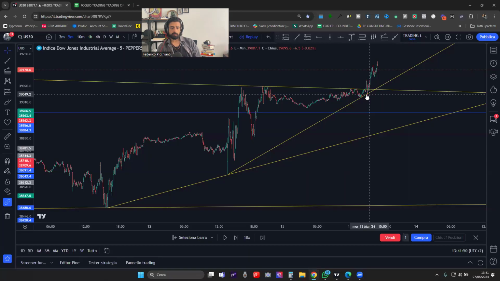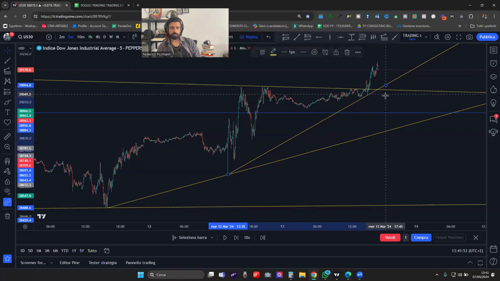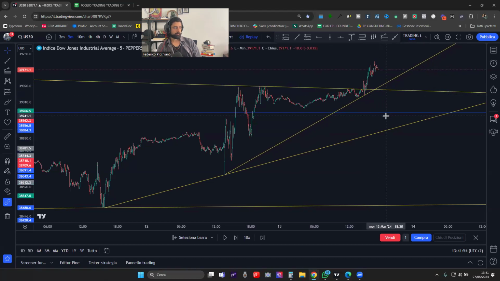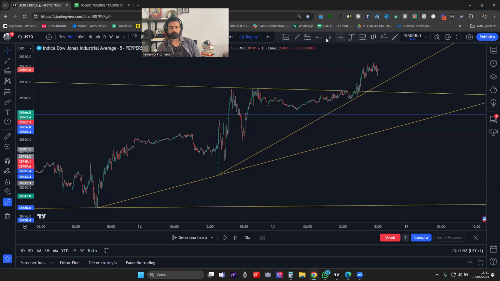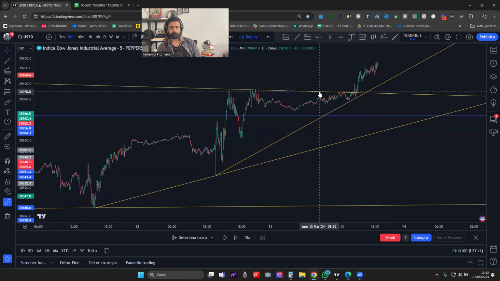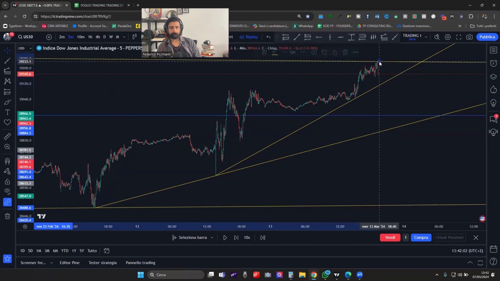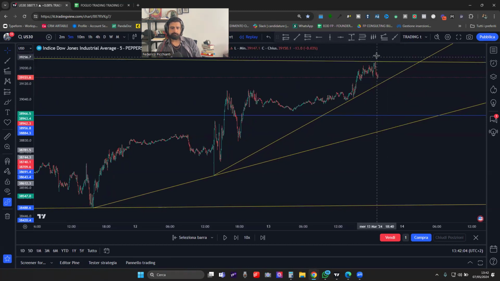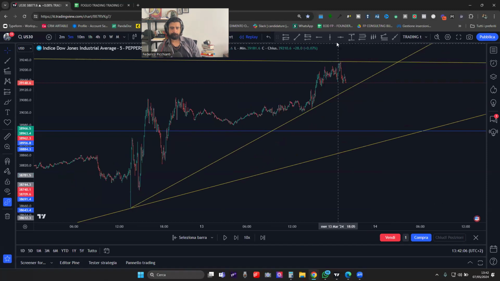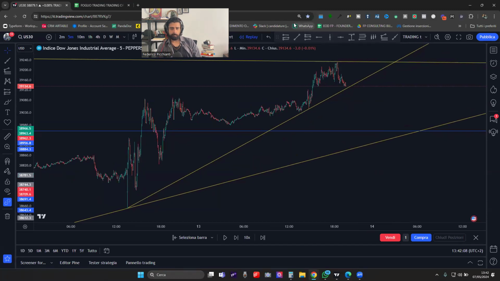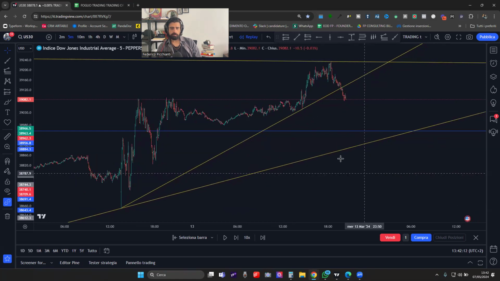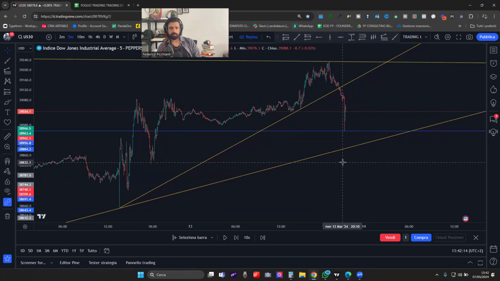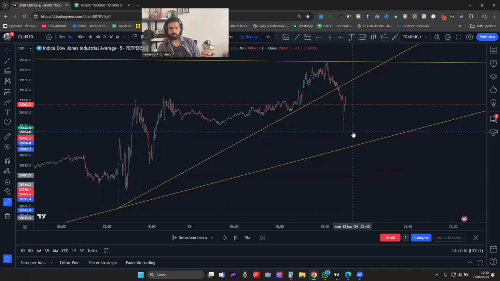Okay, so see if it bounces a little bit more. Not taking trades when it's nighttime like this, but I see this massive bounce, so I'm okay with the long.